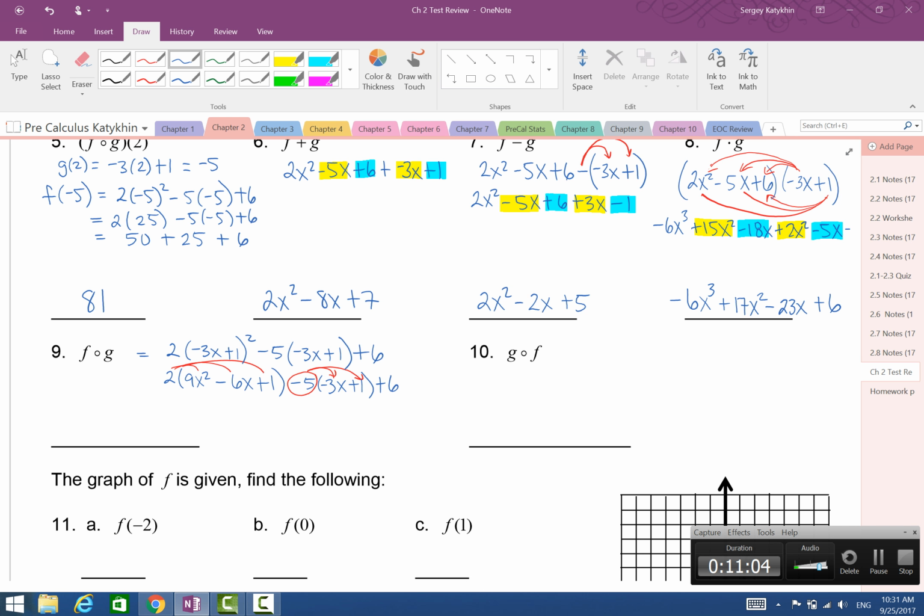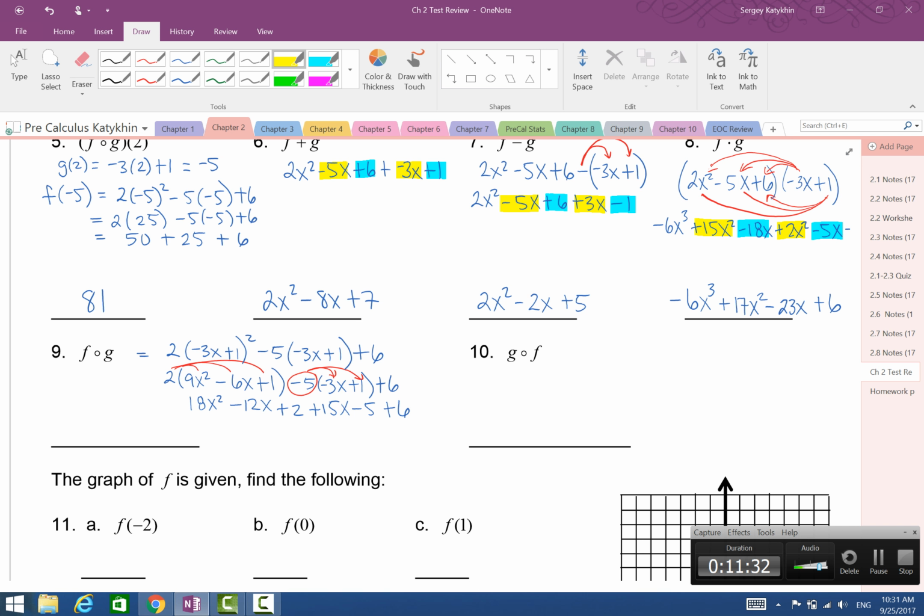So let's see what we get. 2 times 9x squared would be 18x squared. 2 times negative 6x would be negative 12x, and plus 2. Multiplying negative 5 and negative 3x will give you positive 15x. Then negative 5 times 1, and then plus 6.